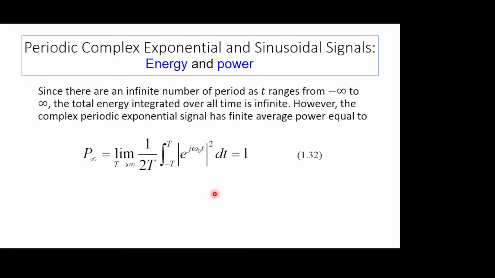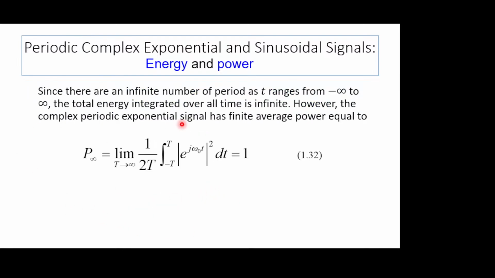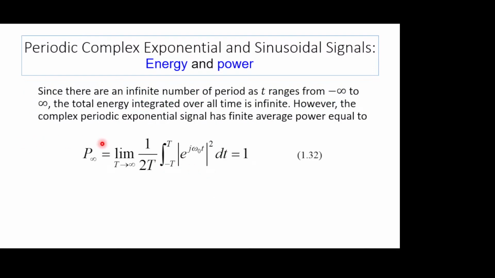The power over 1 period is 1, and the power over the infinite interval is still 1. And as we said, if you integrate this from minus infinity to infinity, the total energy becomes 1 times infinity, and it becomes infinite. Okay. So nothing too special. Question?